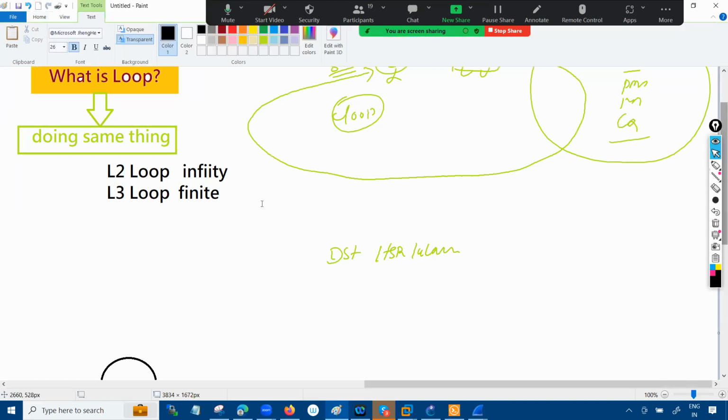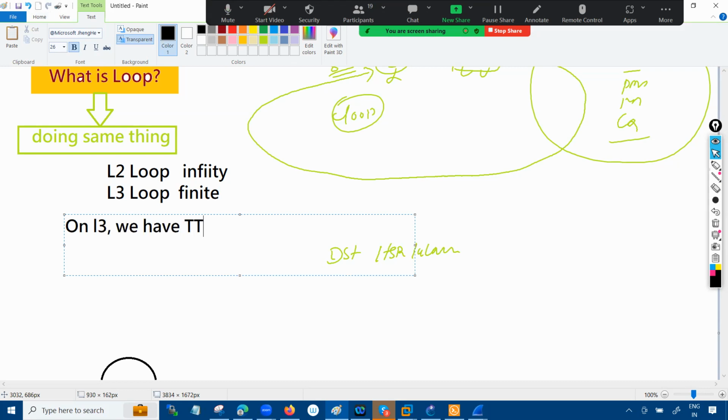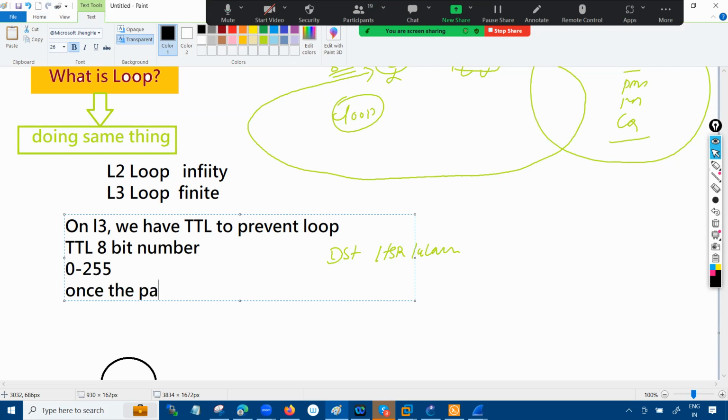Because at the end of the day, once the TTL becomes 0, the loop will end. So on layer 3, we have TTL to prevent the loop. TTL is an 8-bit number, 0 to 255. Once the TTL reaches 0, the packet will be dropped.